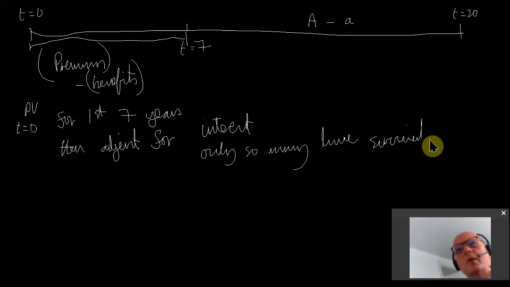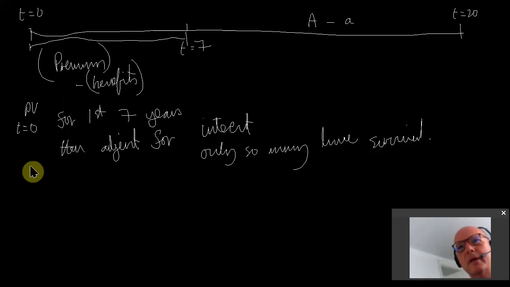Because when we did prospective benefits, we're saying this is for someone who is alive now after 7 years. If they're dead, it's all done. So we want the prospective reserves to be per survivor because we've already paid out in terms of the people who have died.